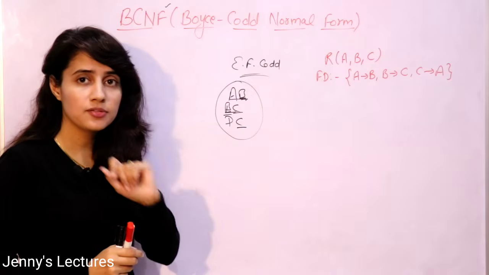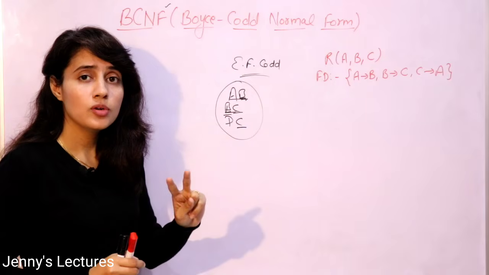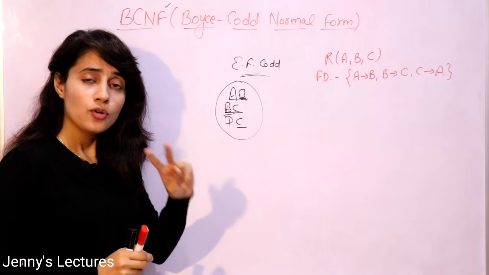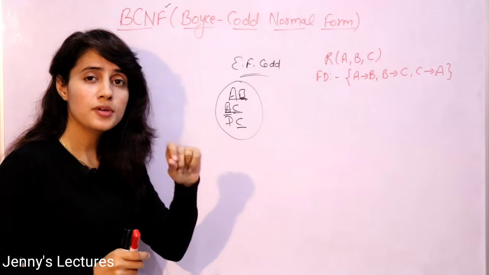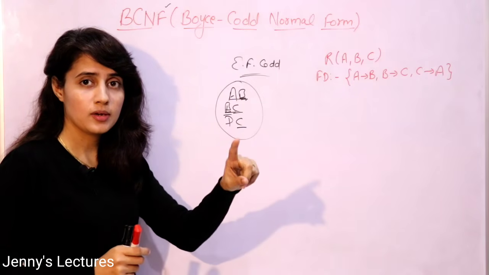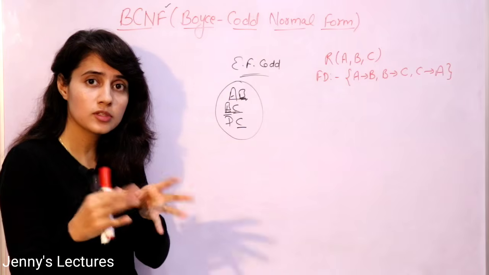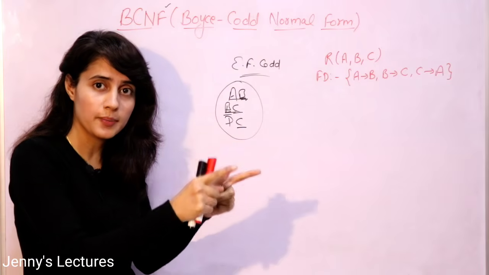So, the rules are, a relation is in BCNF if and only if, first one is it is in third NF, right? Second rule is for each non-trivial functional dependency. I am talking about non-trivial functional dependency, not trivial, right? In the third normal form also we have discussed the rules on non-trivial functional dependency, right?